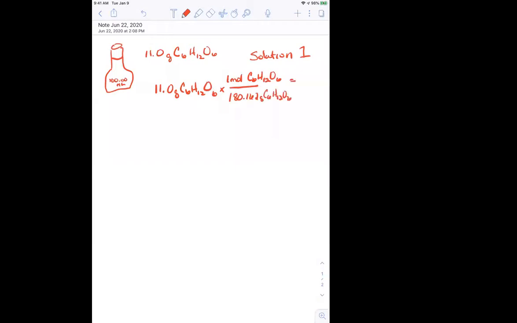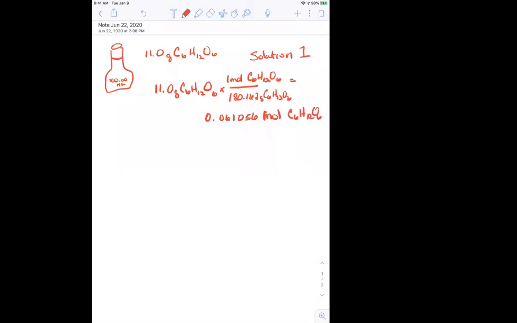When I look at that, I find I have 0.061056 moles of C6H12O6.